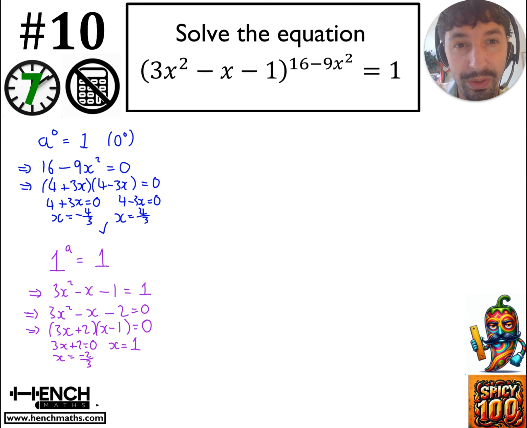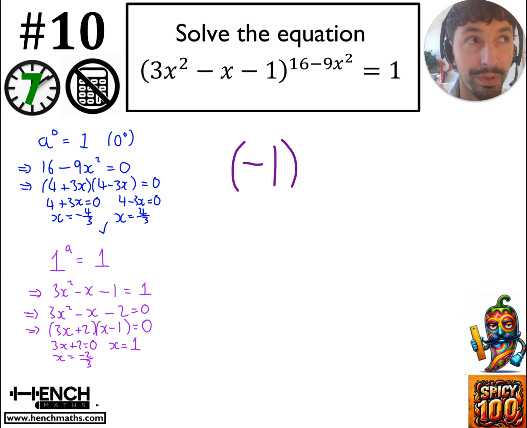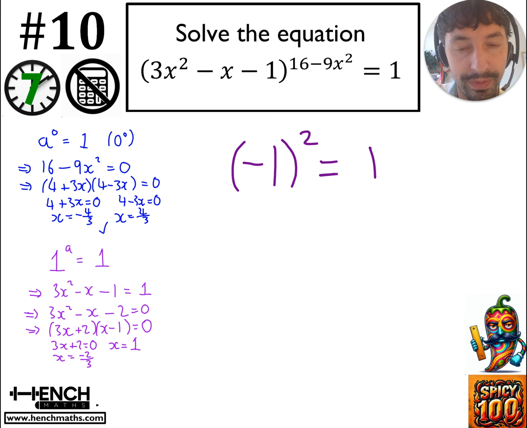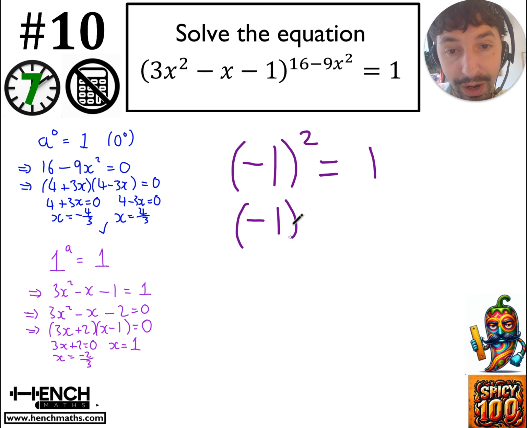So there is another way that we could end up with 1. If you have negative 1 to the power of 0, that would be still 1. Negative 1 to the power of 1 would be negative 1. But then negative 1 squared would give you 1. Multiply again, so cubed would be negative again, but then if you had negative 1 to the power of 4, because of our double negatives, we'd end up back at 1.